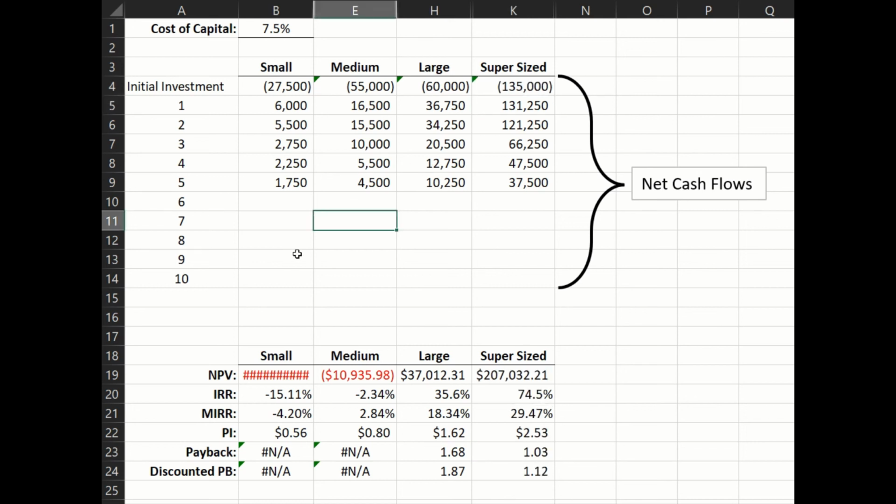And so now you can see how that is not a good investment decision. It ends up getting a negative return for the small and the medium-sized churches. And then the large church and the supersized church still get a return after 5 years.